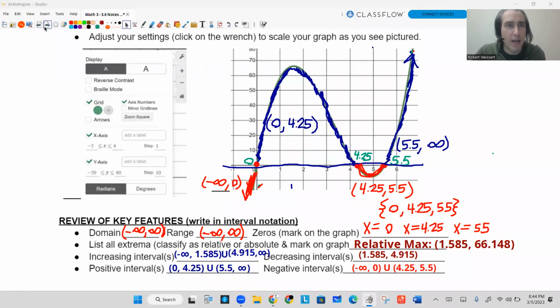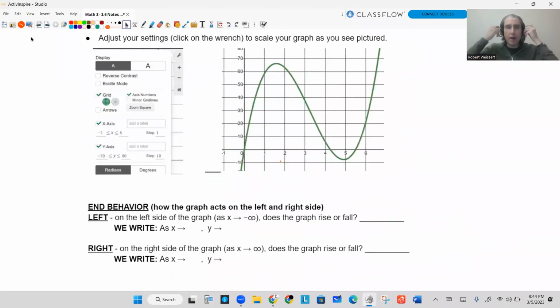All right, end behavior. End behavior is how the graph acts at the left and right side. So real quick here with this graph, on the left side, this graph is going down. So we know that when left represents negative infinity on the x-axis, down represents negative infinity on the y-axis.